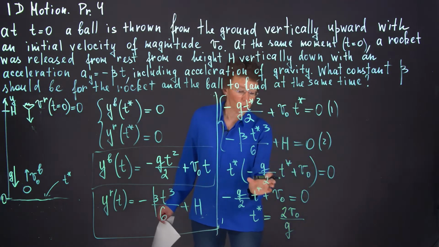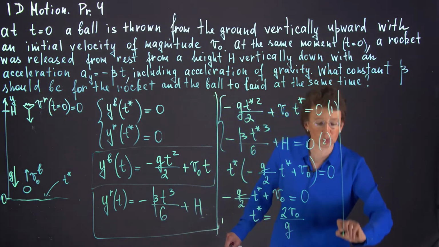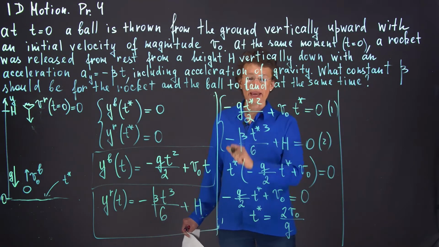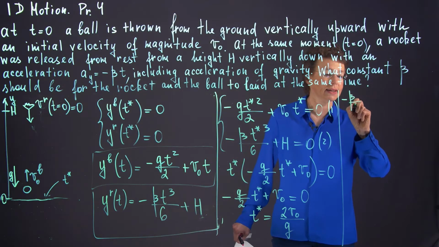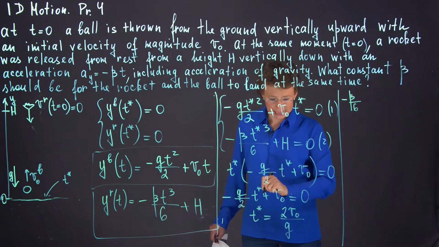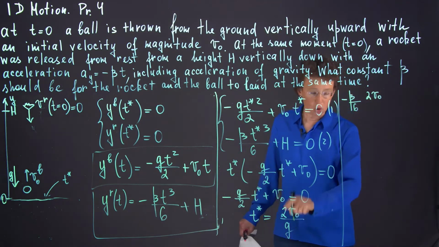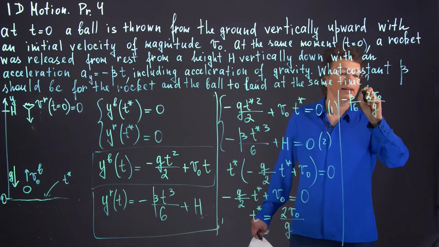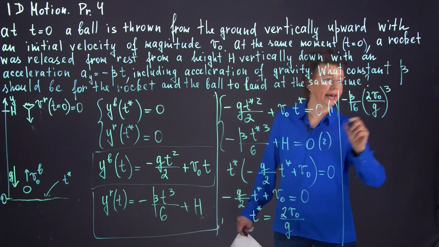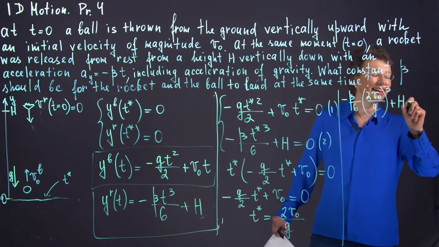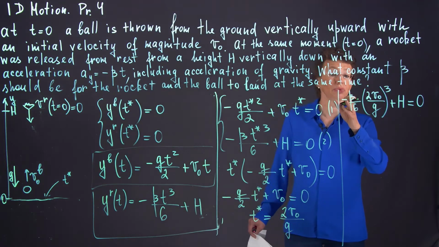Okay, now I will take this t star and I will bring it into my second equation that I need to solve for beta. Minus beta over 6, right here, t star cubed will be 2v naught over g cubed, plus h. And this is equal to 0. Well, it's one equation, one unknown variable, beta.